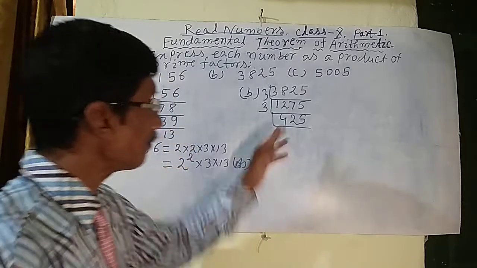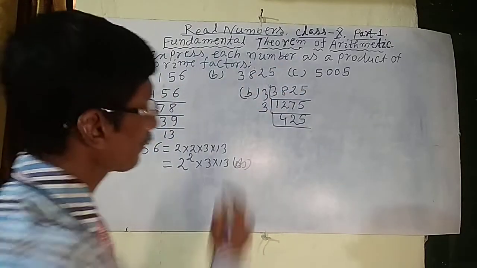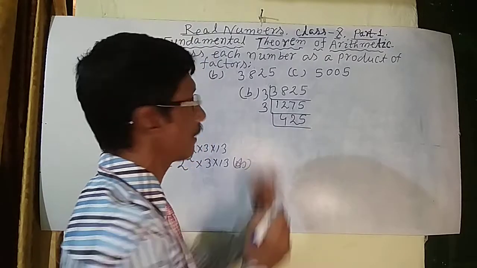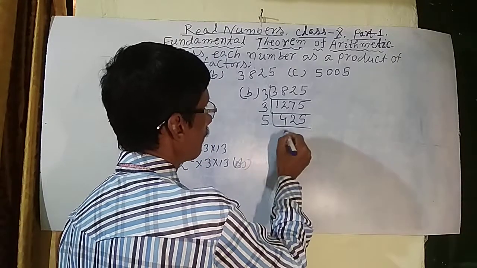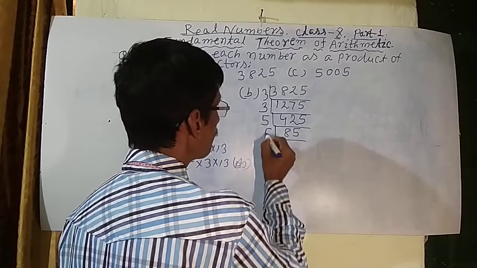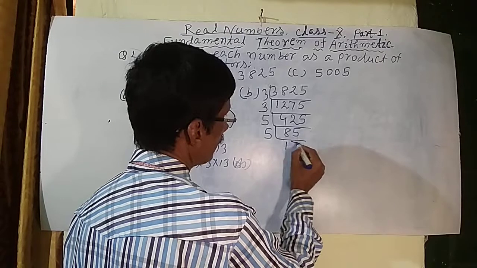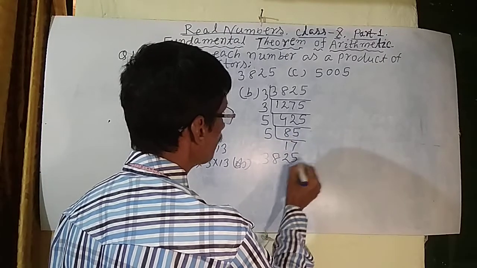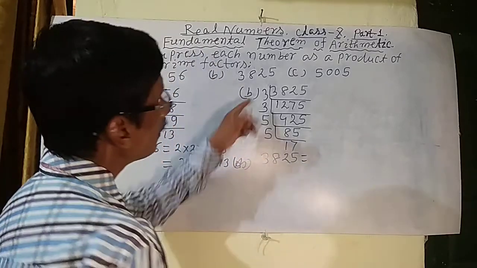Then which number will come? 5. 5 is a prime number, so the next prime number is 5, so take the 5. And the one's place is 5, so it is divisible by 5. So 425 divided by 5 is 85, and then 85 is also divisible by 5, so it is 17. Now write 3825 is equal to. Now look at the factors.